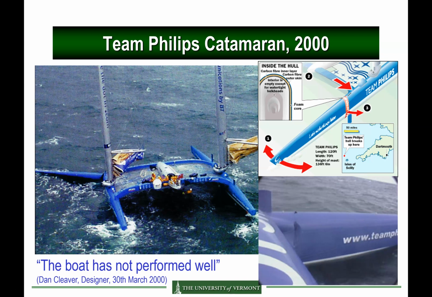And a third example, it's the Tim Phillips catamaran from the 2000 case here, showing failure of the left side of the hull here due to propagation of a fatigue crack. Actually, I don't know if it's from fatigue, but it's failed by fracture.